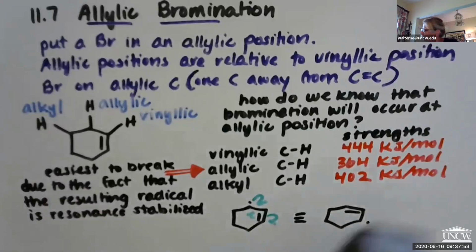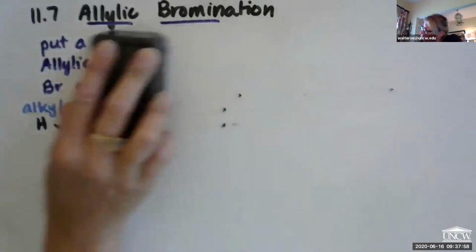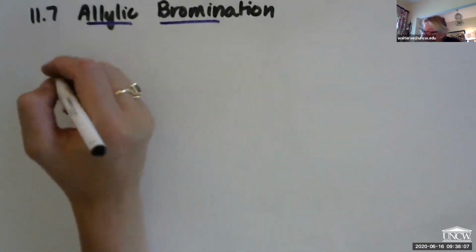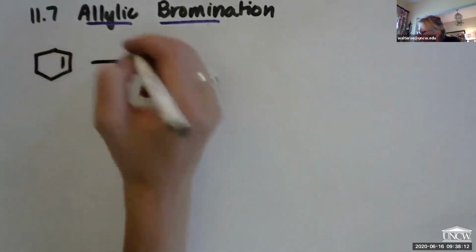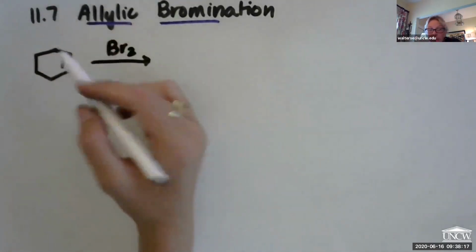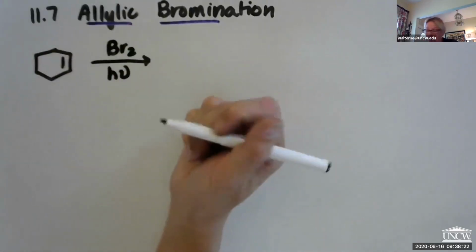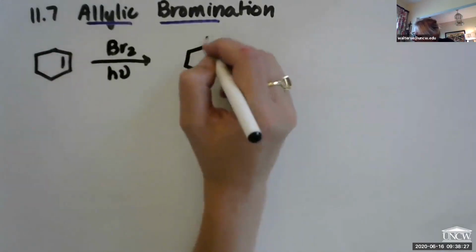Okay. So since that allylic site is the easiest site to break, we could do the reaction that we just looked at, where we take some bromine, we have a compound, we put in some light, and we're going to end up with bromine up here.